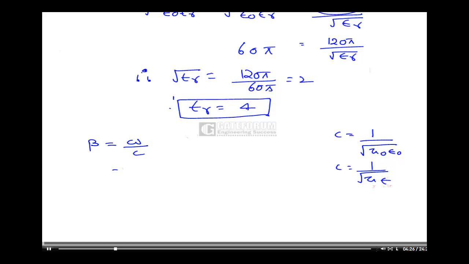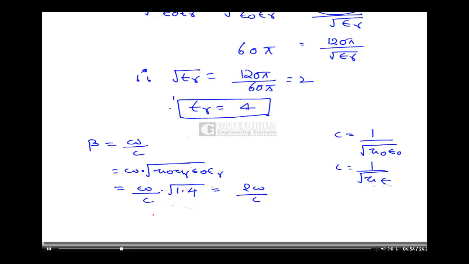So beta is omega into square root of mu naught mu r epsilon naught epsilon r, which equals omega by c into square root of mu r is 1, epsilon r is 4. This is nothing but 2 omega by c, beta.